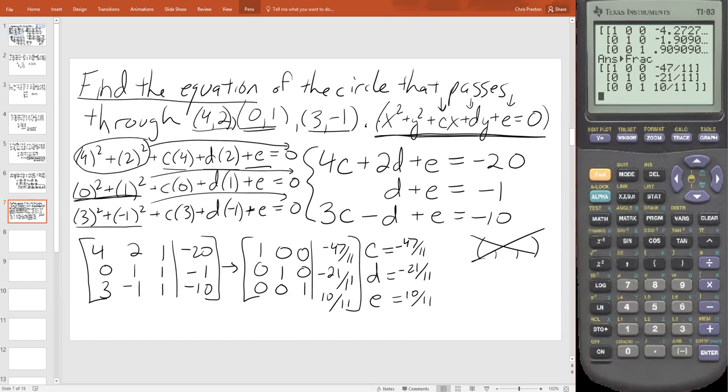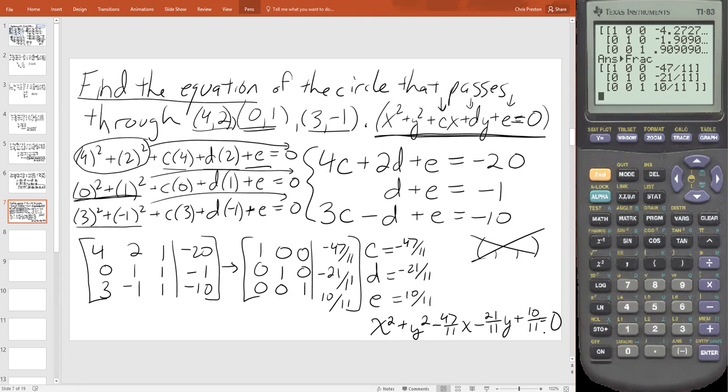So on this particular problem, because I was looking for that equation, I'm going to write out x squared plus y squared, minus 47/11 x, minus 21/11 y, plus 10/11, and this says equal to 0.